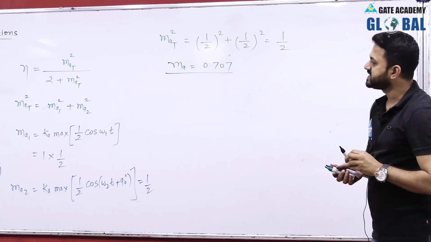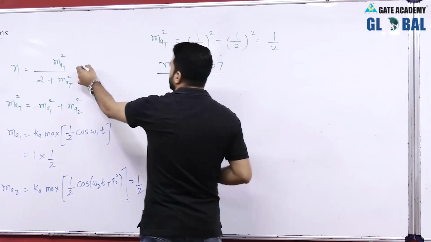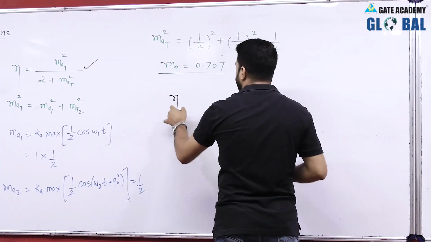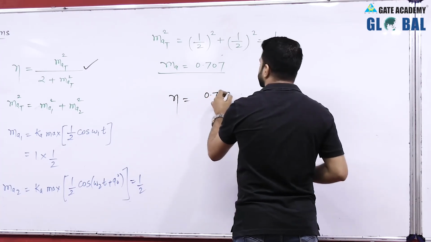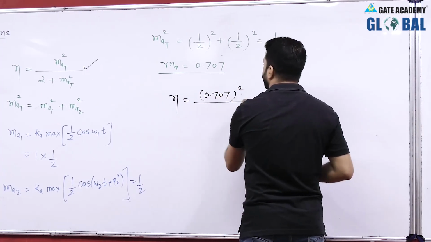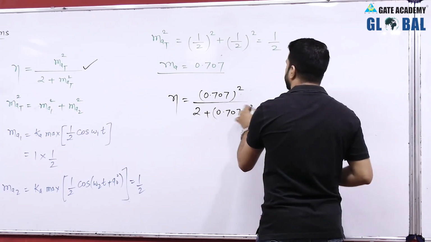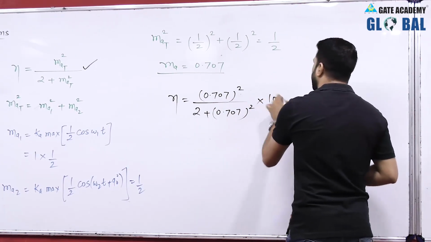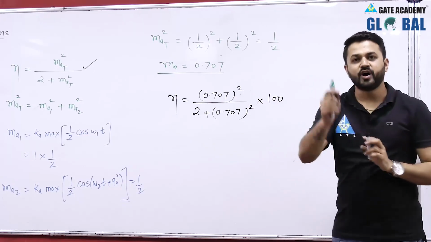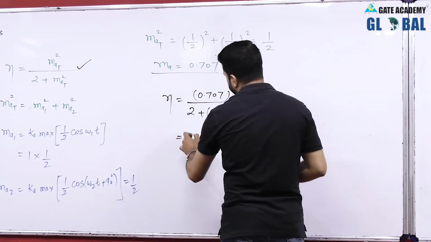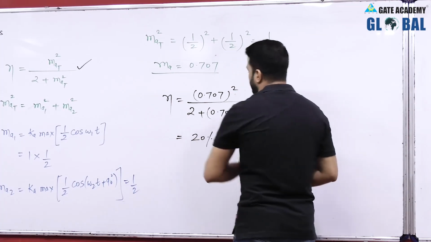Now next is transmission efficiency or power efficiency. We have the formula 0.707^2 divided by (2 + 0.707^2) into 100 if we want to calculate in percentage. For 0.707 we have already calculated, and this value is equal to 20%.